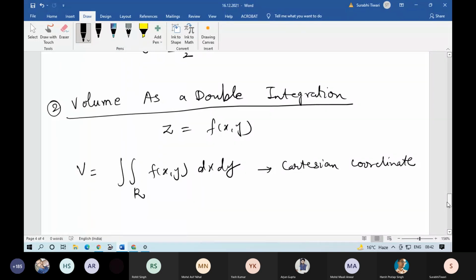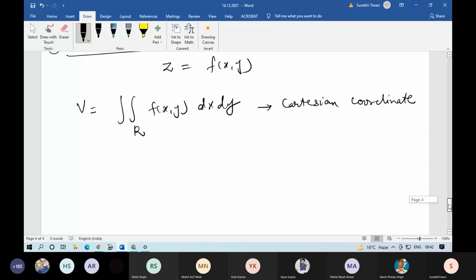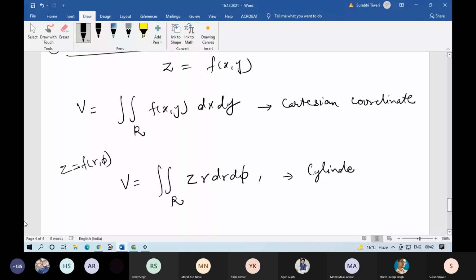And in polar and spherical coordinates, polar will not be there, spherical will be there here. Now suppose z is a function of r and phi, then V is equal to the integral of z r dr d phi over the region R. This is in cylindrical coordinates.